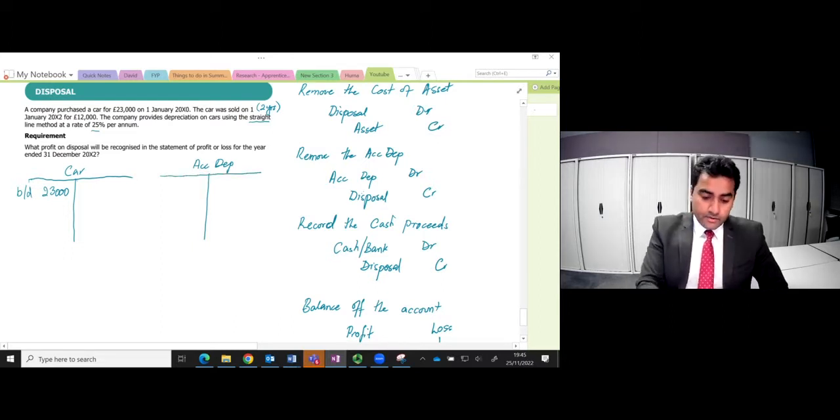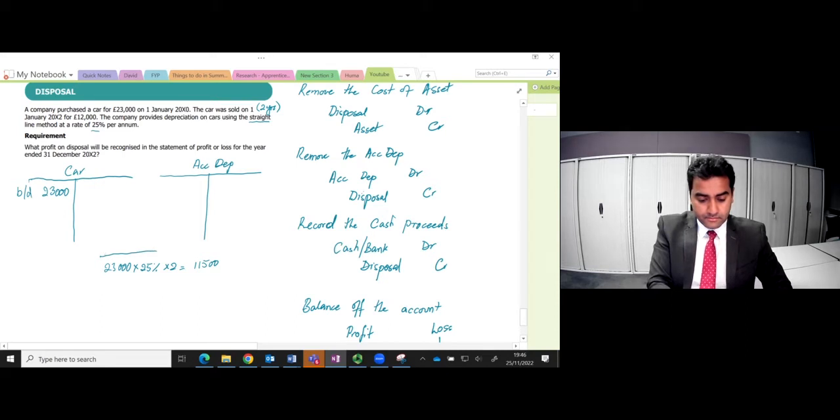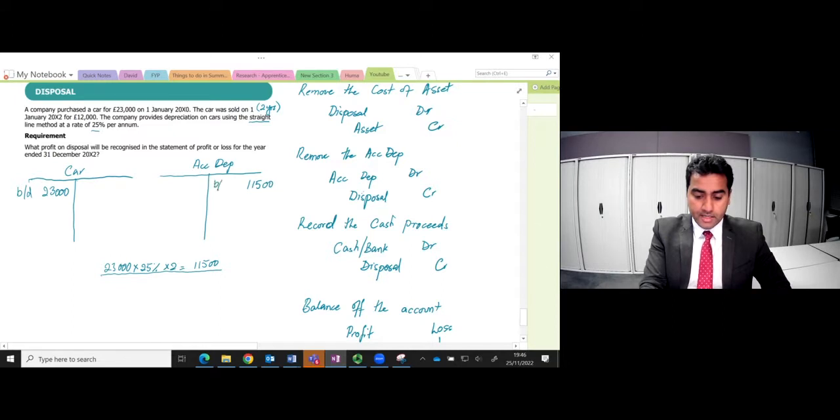To work out the depreciation, 23,000 multiplied by 25% multiplied by 2 years gives me 11,500. This is 2 years' depreciation, so I'm going to record 11,500 as my opening balance.